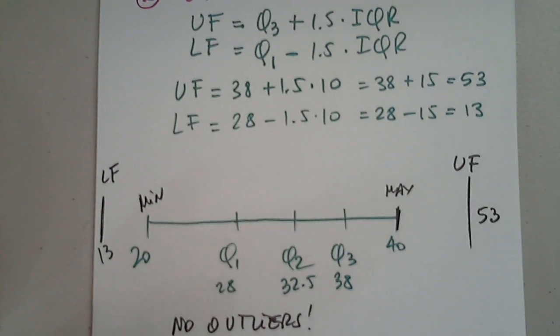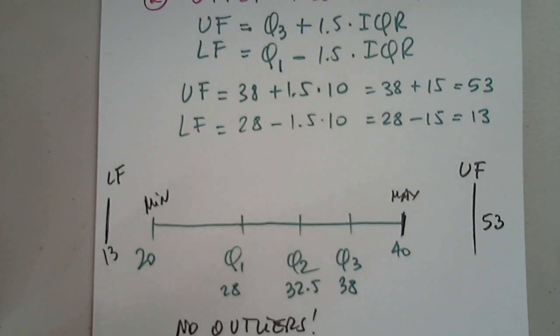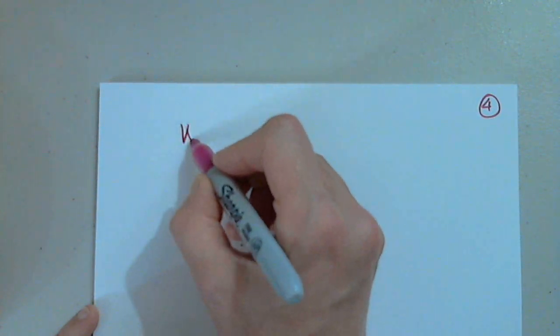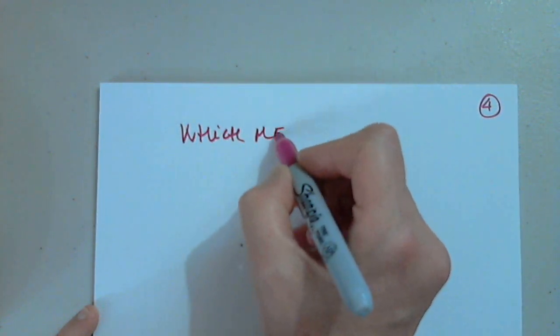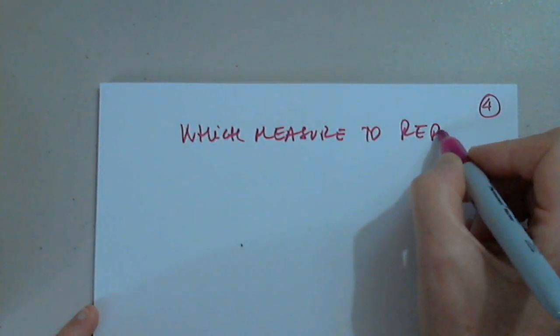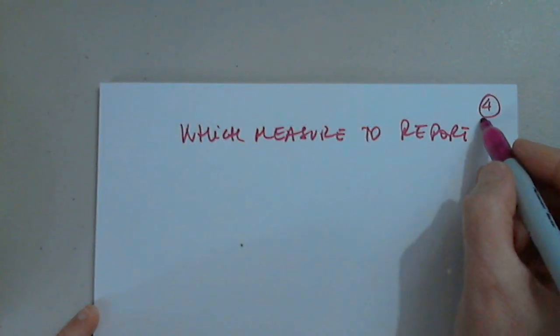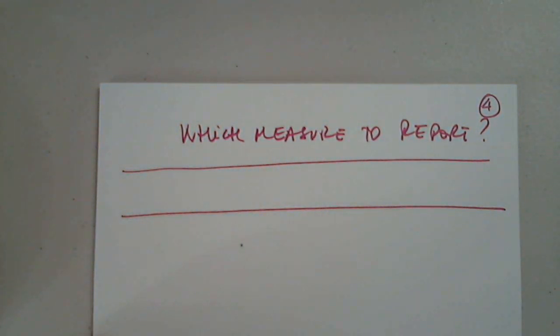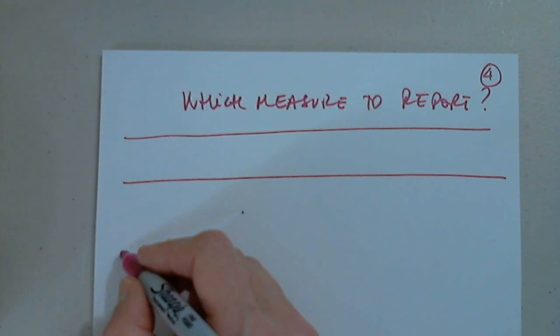So before we look at 3.5, I would like us to just mention one more thing here, and that's page 4. It deals with what we report. So which measure to report? That's the question. We have two possibilities.